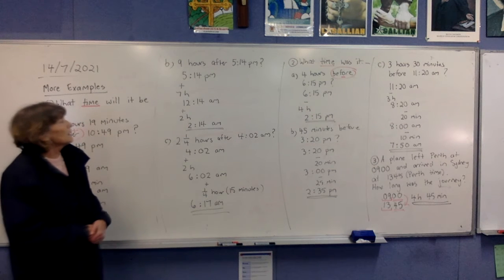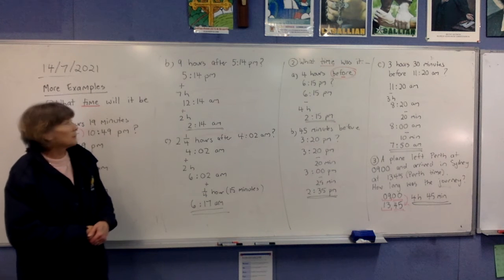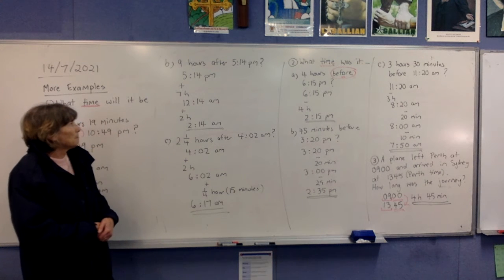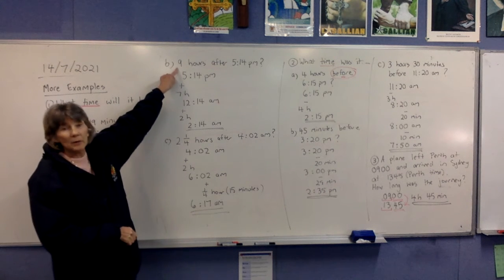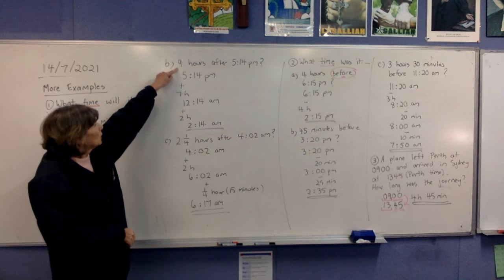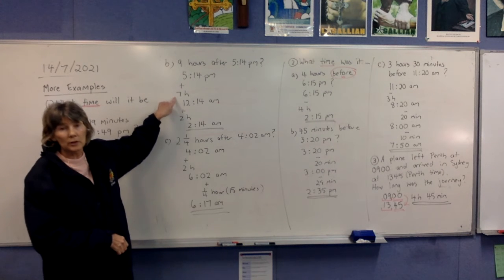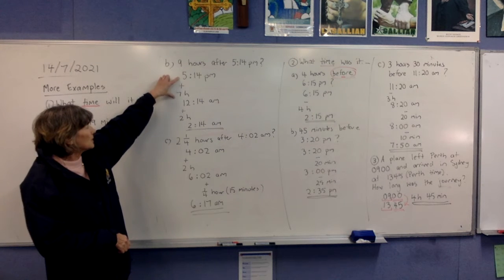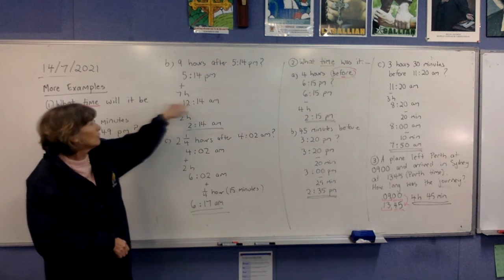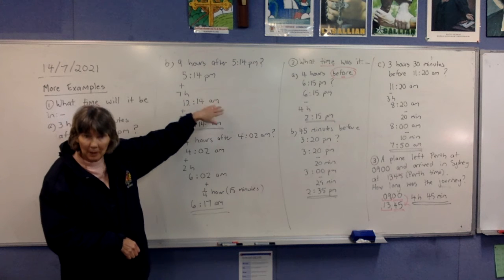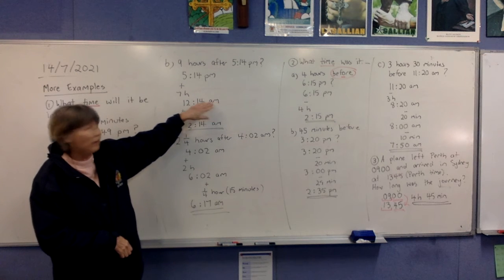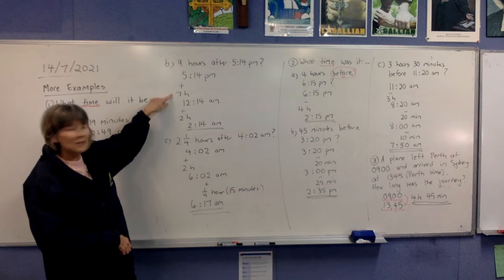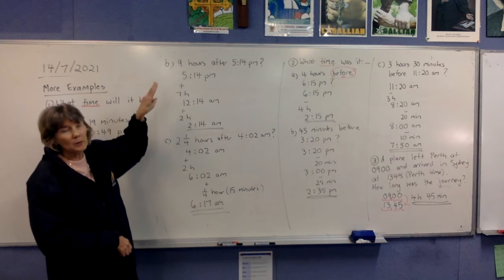Alright, now looking at the next one, we want to know what the time is going to be 9 hours after 5:14 p.m. So instead of adding the 9 hours on all in one go, I'm going to add 7 hours on to start with, and that will get me, if I add 5 plus 7, that will give me 12:14 a.m. because I'm going to be clocking over in the 24-hour time to the a.m.s. So because I've only added 7 hours there, I still have 2 more hours I should be adding on.